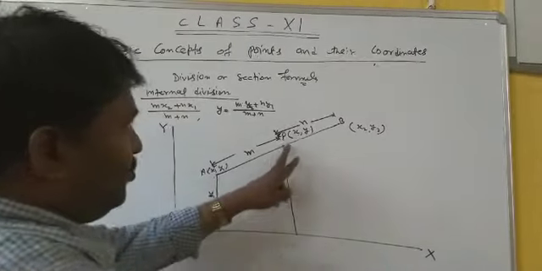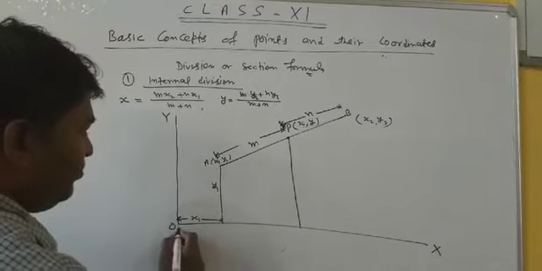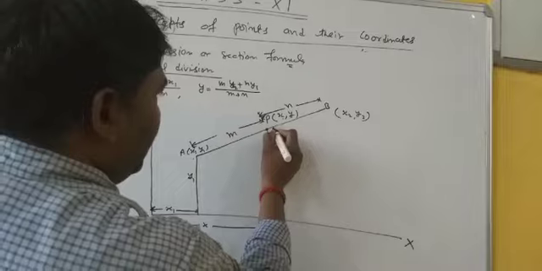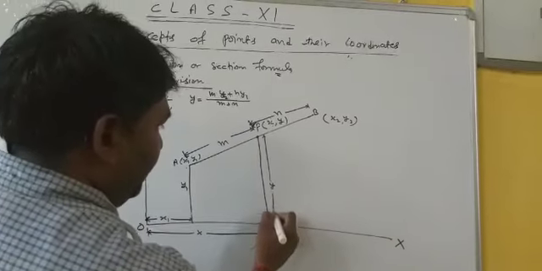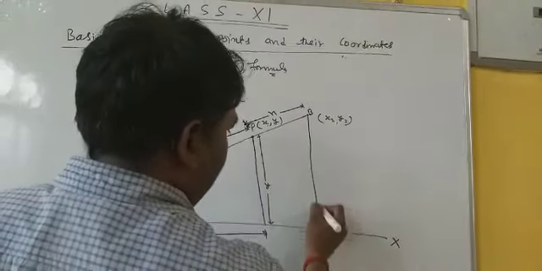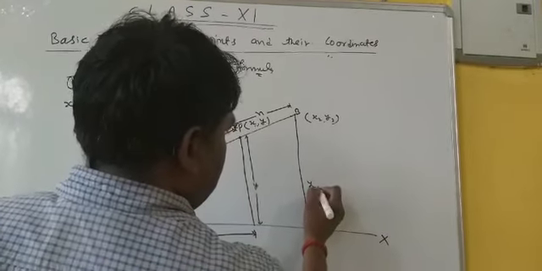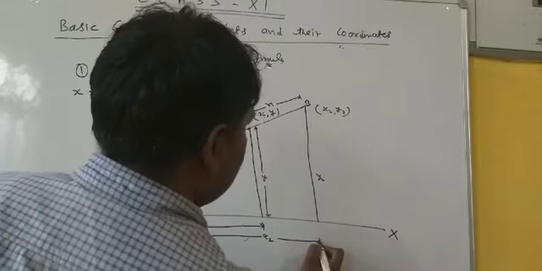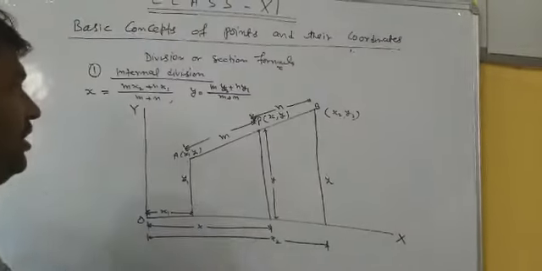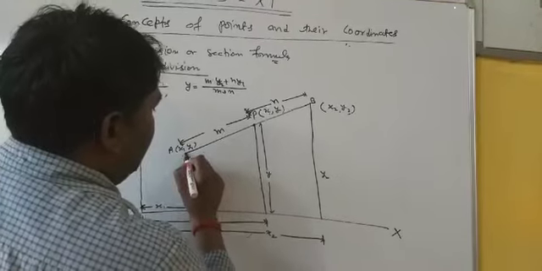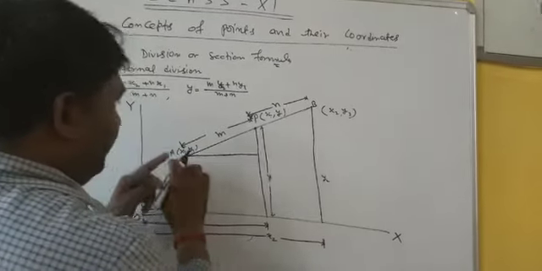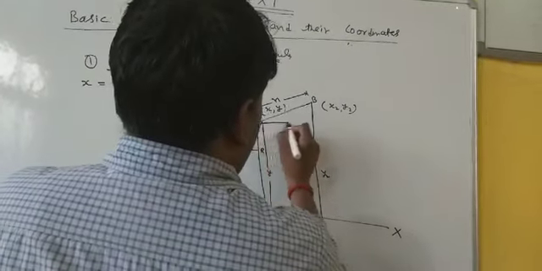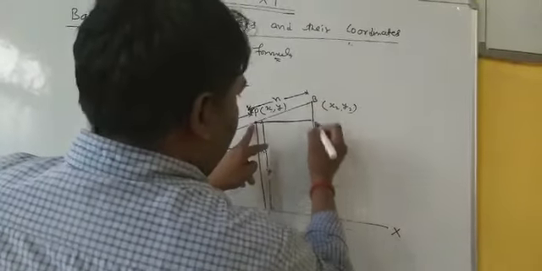Here the coordinates are x comma y, so this length will be x and this length will be y. This length is y2, and from here to here this length is x2. Now if we draw a perpendicular from A onto this line, let it be R, and a perpendicular drawn from point P onto this line, let it be Q.